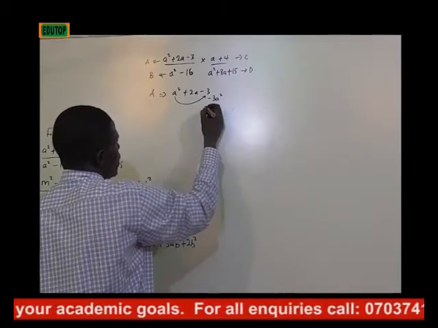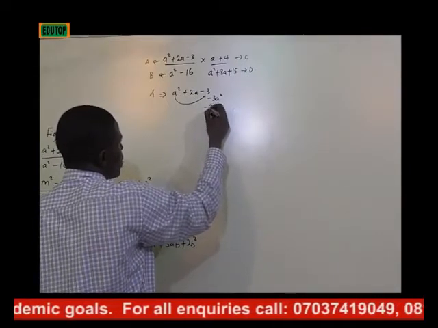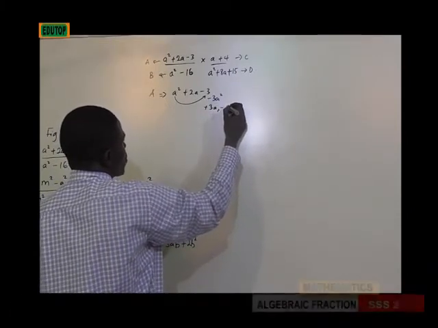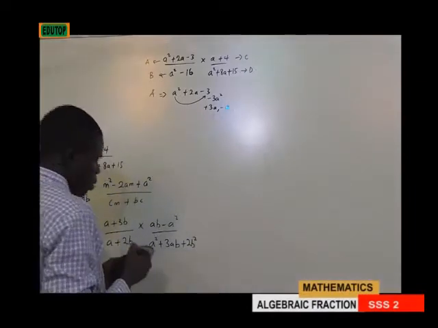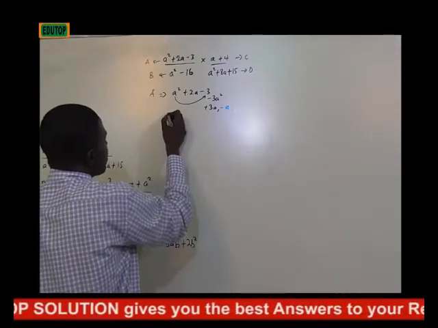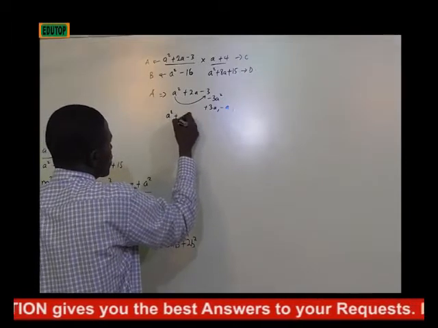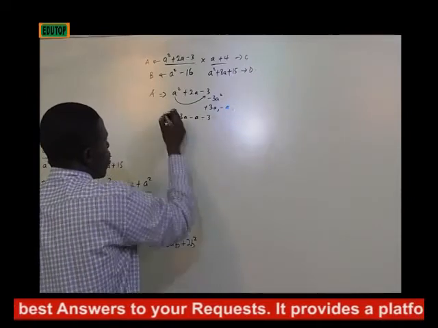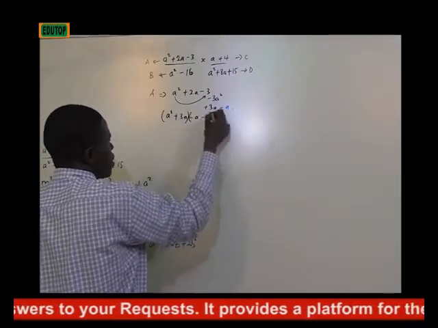There is no other one than minus 1 and plus 3, so plus 3a minus a. So I can simplify this. Then I'll have a squared plus 3a minus a minus 3.